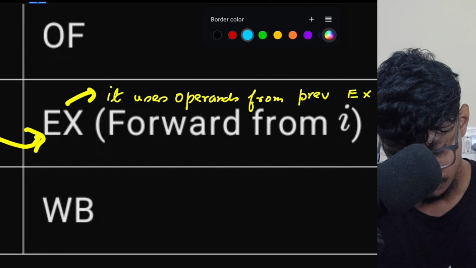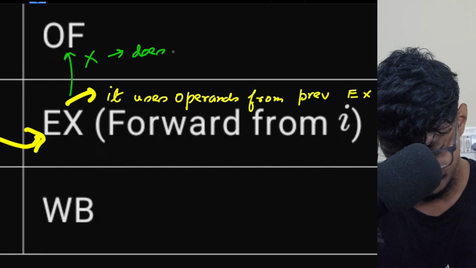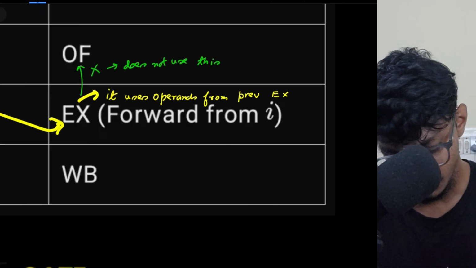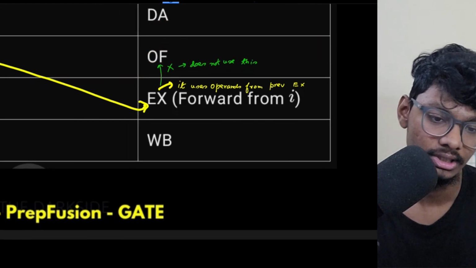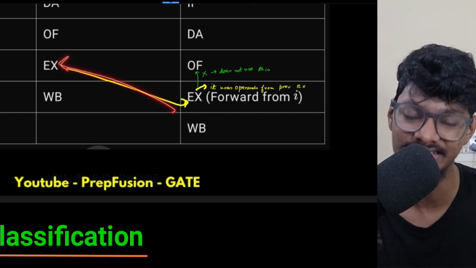It does not use this. So this is just a waste. This is also like a stall cycle. We use the operands for this execution from the previous execution phase.